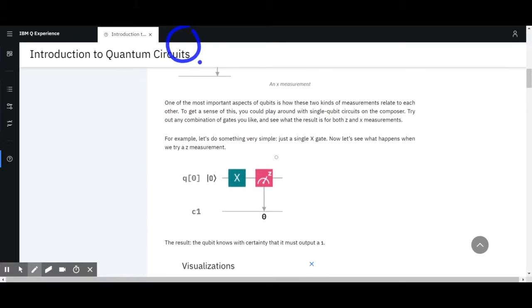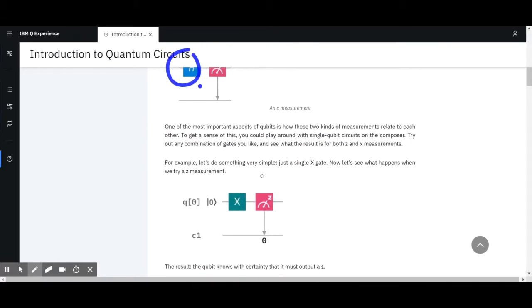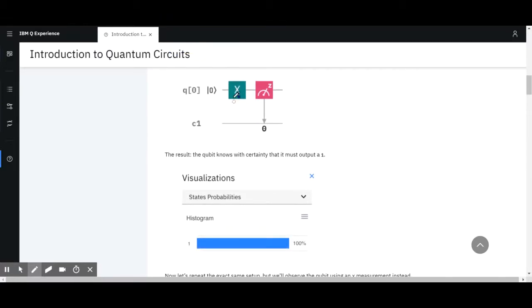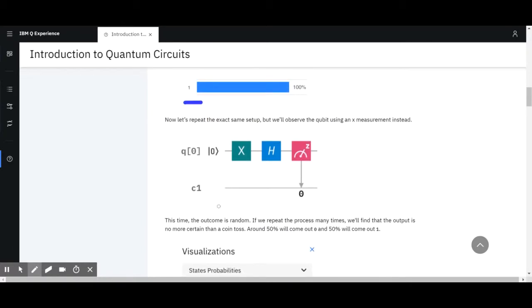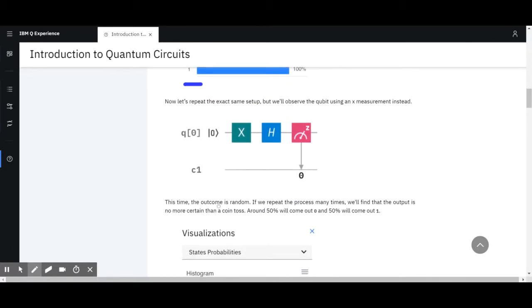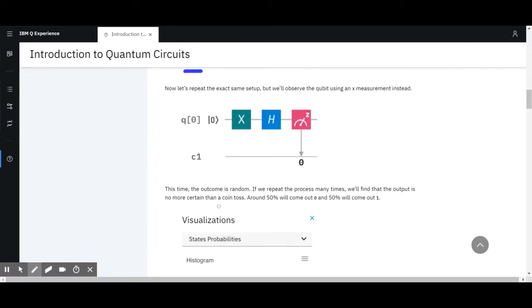So we're going to go through an example. Let's do something very simple: just a single X gate. See what happens. You do an X gate, and then you see that it's always going to give you a 1. Maybe that's going to help explain my point of view.